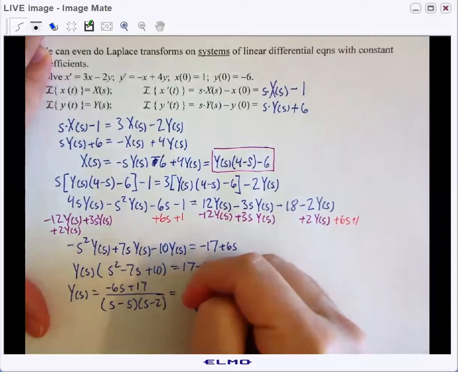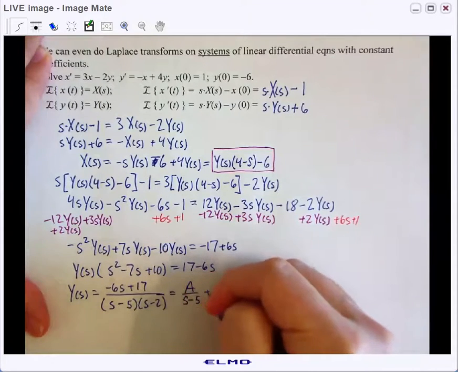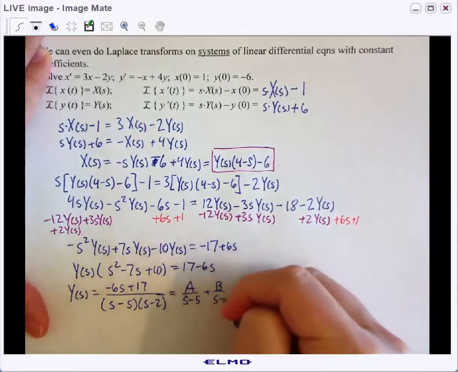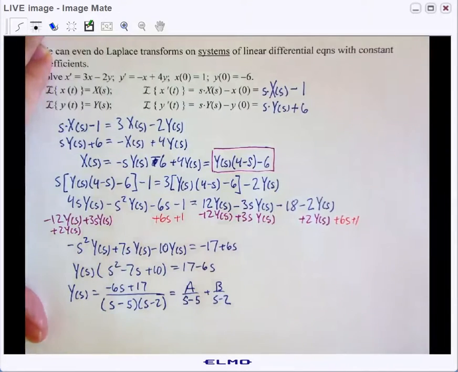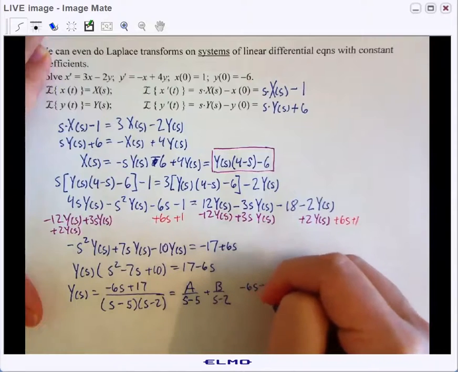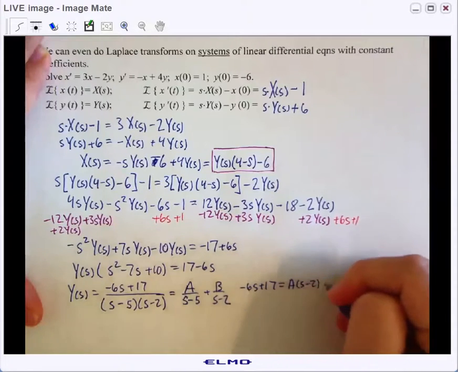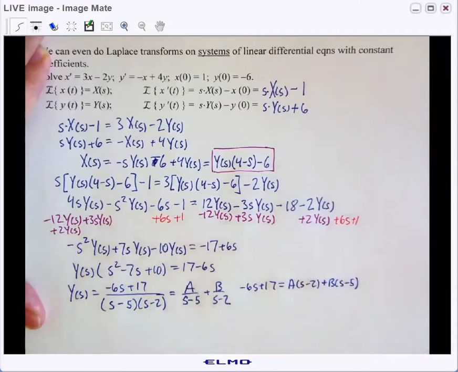So let's write that as A over s minus 5 plus B over s minus 2. And when we do that, we're going to get negative 6s plus 17 equals A times s minus 2 plus B times s minus 5.